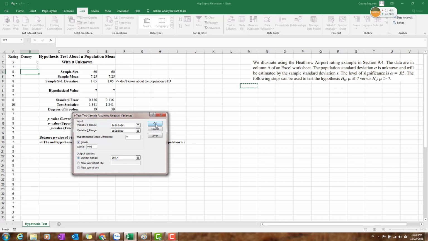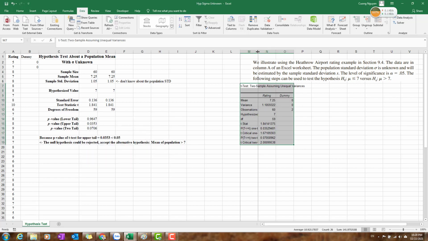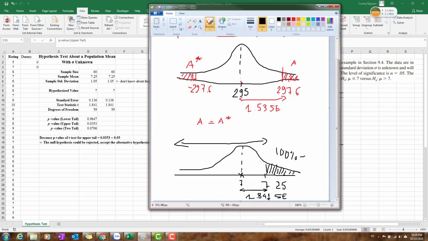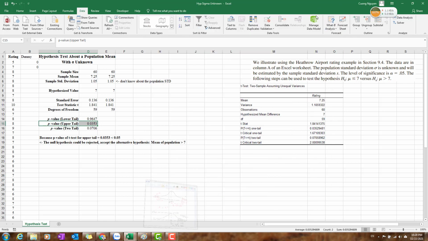It will be fine. Let's say okay, and this will be the result. I will delete the dummy to make sure you concentrate on this one. And remember, in this case we just care about the upper tail of the distribution, so we just need to check it over here.